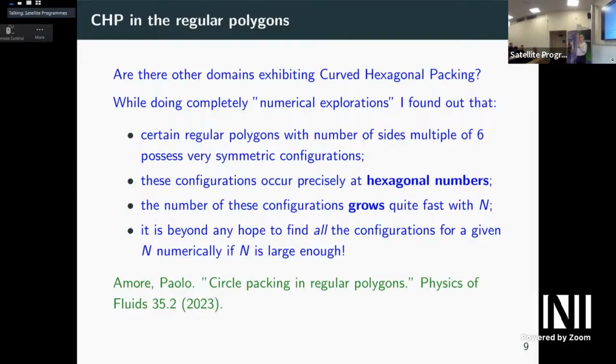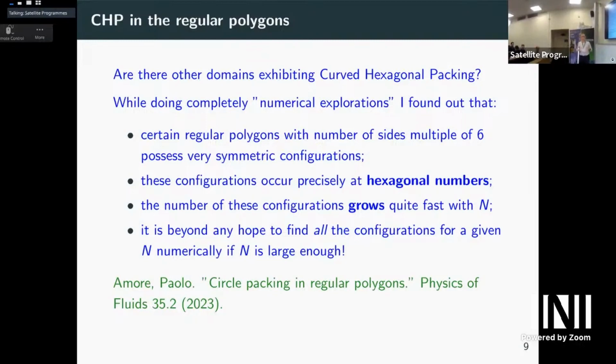Essentially, for polygons with a number of sides that is a multiple of 6, exactly at the hexagonal numbers, you find very nice configurations. And the number of these configurations immediately appeared to be growing very fast. So you have many configurations with the same density, all very pretty.